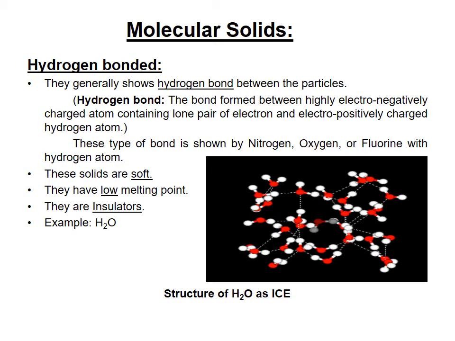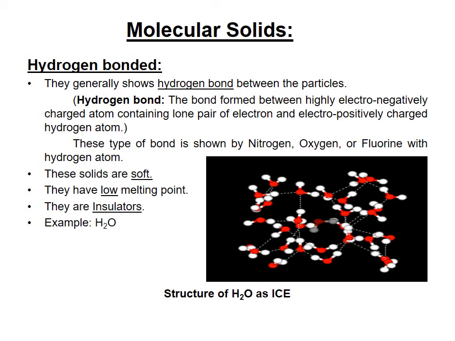Generally, hydrogen bond is formed only and only between nitrogen and hydrogen, or oxygen and hydrogen, or fluorine and hydrogen. That is, you can say that nitrogen, oxygen and fluorine are highly electronegative atoms containing lone pair of electrons, and hydrogen forms a hydrogen bond with those elements.